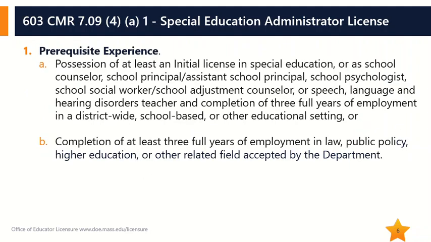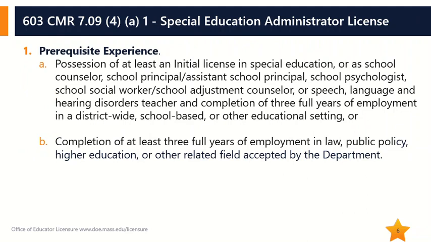There are two options to satisfy this requirement. Option A requires applicants to possess an initial or professional license in one of the following fields: special education, school counselor, school principal, assistant school principal, school psychologist, school social worker / adjustment counselor, or speech, language, and hearing disorders, and have at least 3 full years of employment in an educational setting.